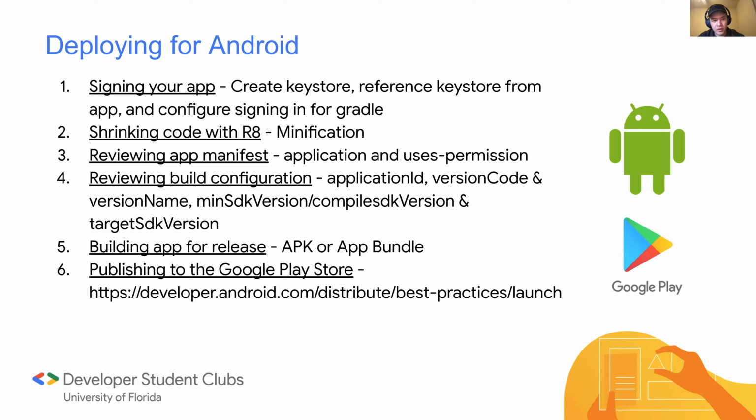But the Google Play Store prefers the app bundle because this app bundle can deliver optimized APKs depending on what device the client has. So say if you have a Pixel or if you have a Samsung, this app bundle can recognize that and then just deliver a more optimized version.